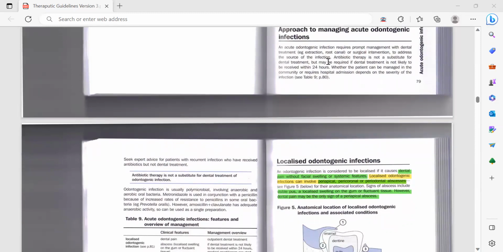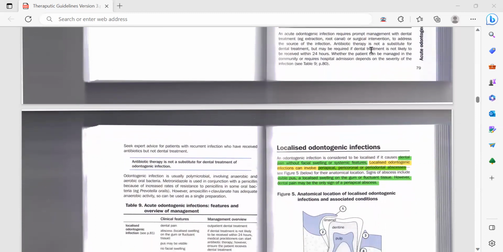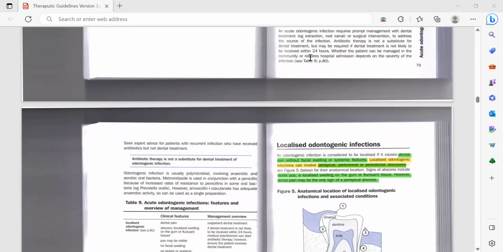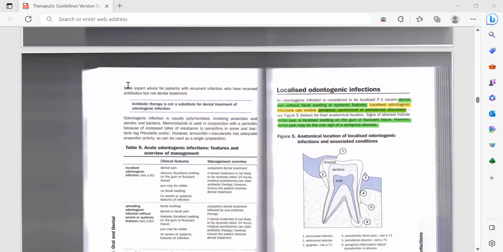Antibiotic therapy is not a substitute for dental treatment but may be required if dental treatment is not likely to be received within 24 hours. Whether the patient can be managed in the community or requires hospital admission depends on the severity of the infection.